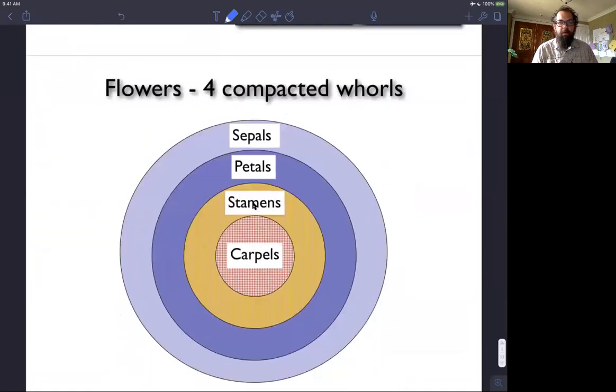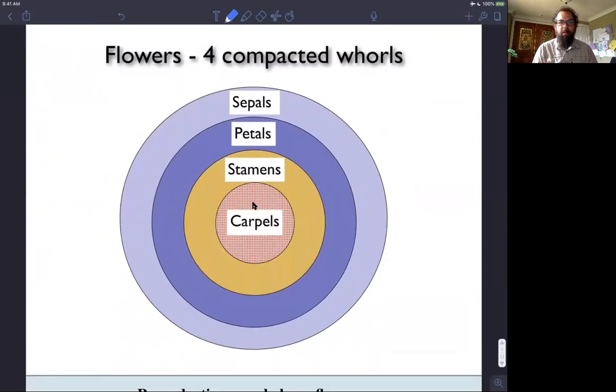And so this flower, when we talk about it, we talk about these 4 different whorls of the flower. A whorl is just where all the parts are attached at the same point. Remember whorled leaves when we talked about leaf arrangement? All those flower parts attached at the same point make up the 4 whorls of the flower. The outer whorl being the sepals, and the next one in the petals.